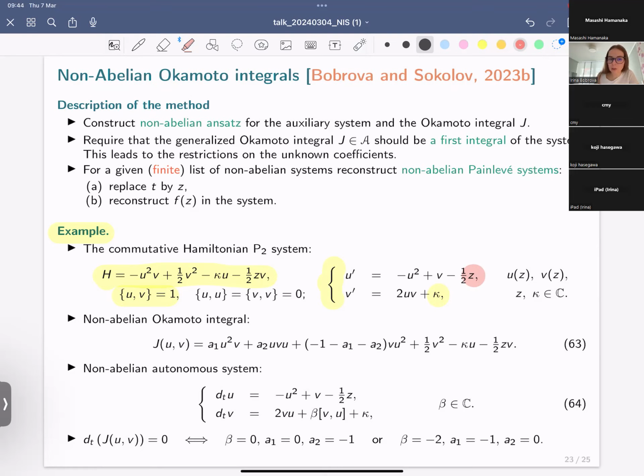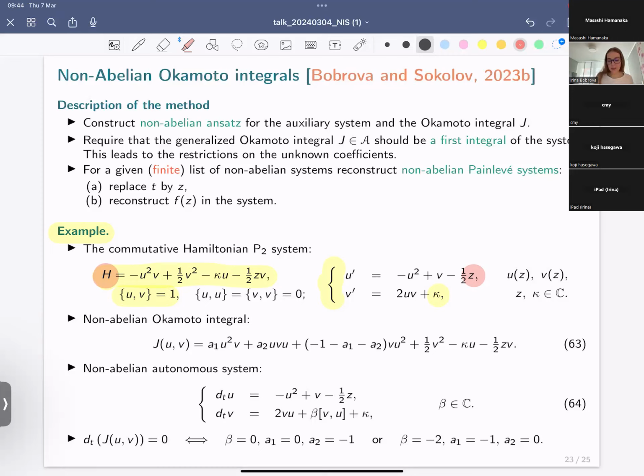But if we turn this system to the autonomous case, just by replacing this z by a new parameter t, then this Hamiltonian H will be a first integral of the system.